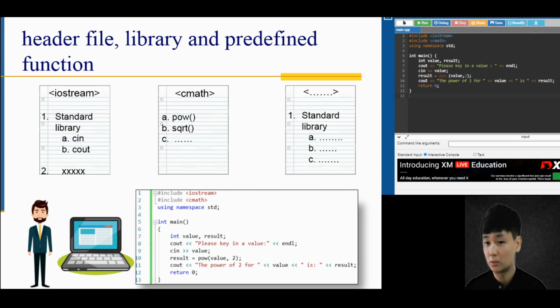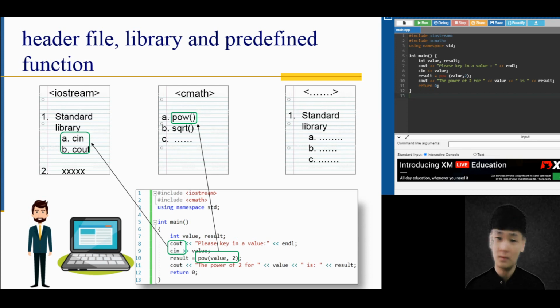So in order to complete the task, we have to use some predefined functions in the C++ environment, such as cin and cout. Cout is to display the statement on the console, cin is to ask the user to key in some input, and we have one predefined function, pow, to calculate the power of 2 for the value that the user keys in. Each of these predefined functions is located in its own library respectively.